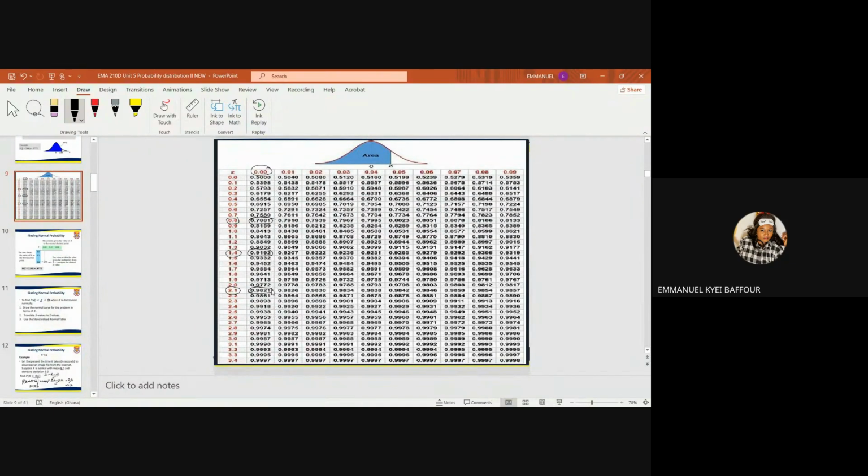So someone should write that one down for us. Now the 0.3 would also give us this, so that is 0.6179. So write that one too, 0.6179.